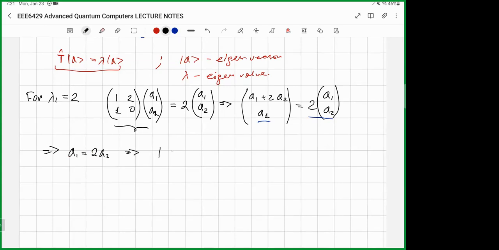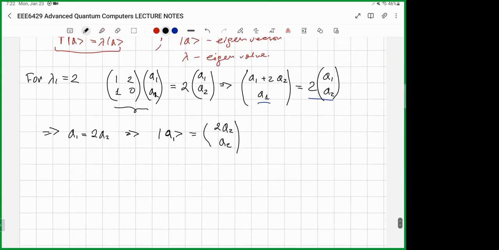So the first eigenvector, let's denote it by vector 1. Let's say it gets the components 2a2, a2. We don't know this a2 yet, but we can find it from the normalization.